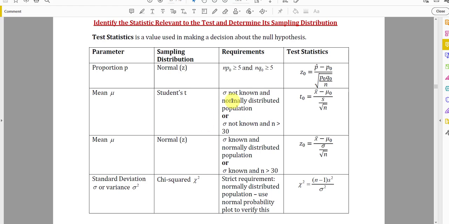If we do know the population standard deviation, then we can apply the normal Z for the sampling distribution. If we don't know anything about sigma, the population standard deviation, then we must use the student T sampling distribution.